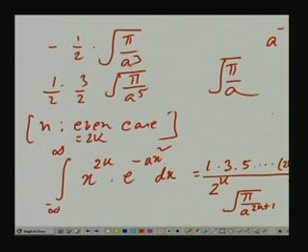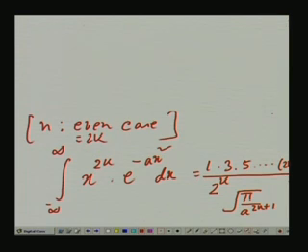And now, I replace a by, just a minute, as before 1 by 2 sigma square. So, what happens on this side? 1 by 2 sigma square. So, twice sigma square whole to the power 2k plus 1, that comes here.